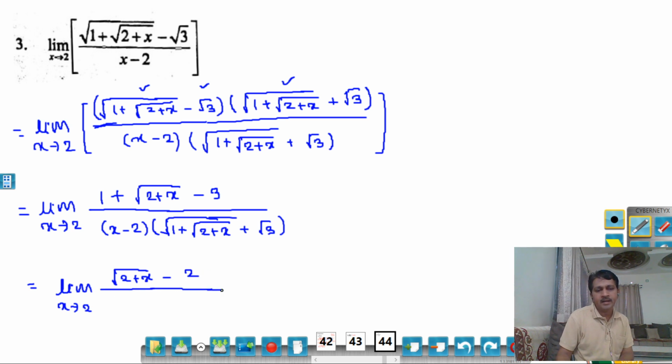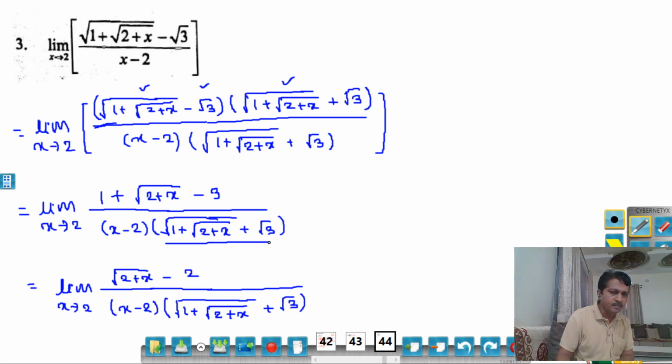Again I am getting the irrational term in the numerator, which is becoming 0, and therefore I must once again rationalize the numerator. Now in the denominator also there is an irrational term, but it is non-vanishing. If I put x equals to 2 in the second bracket of the denominator, it is non-zero, so I should not worry about this term because it is non-zero at x equals to 2.